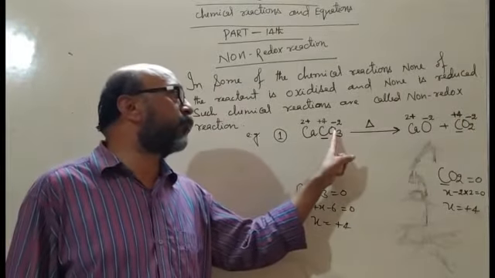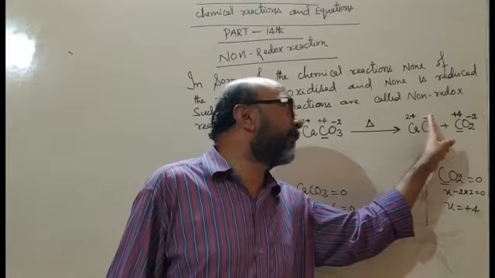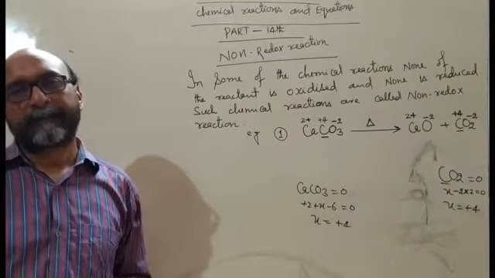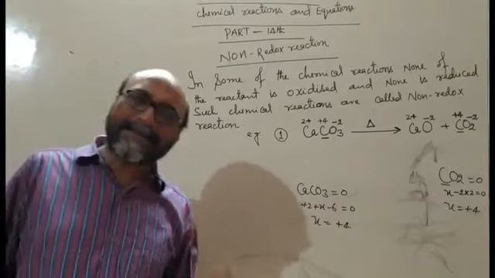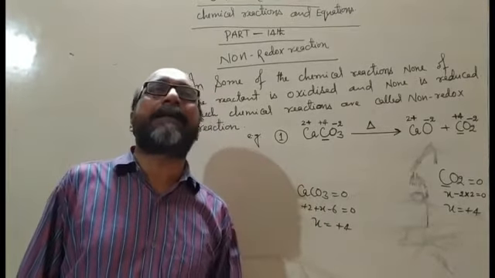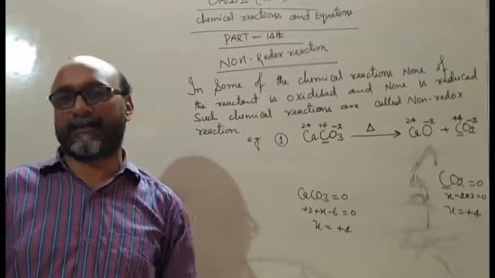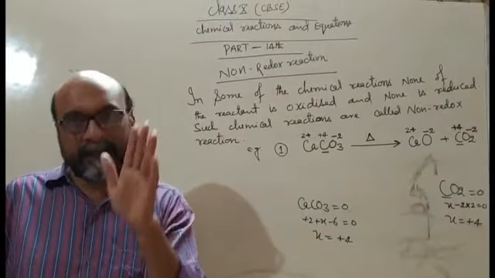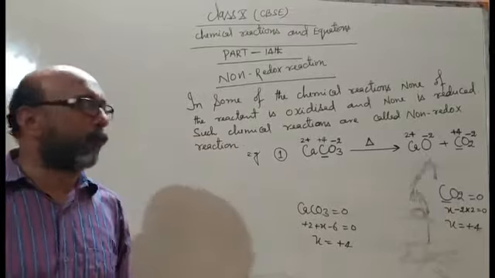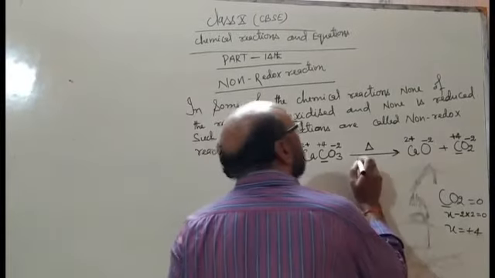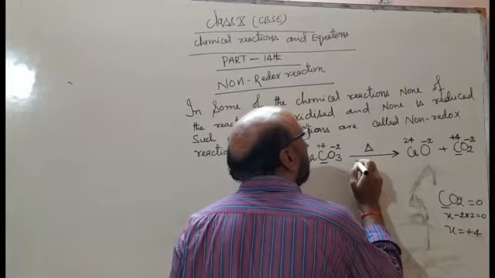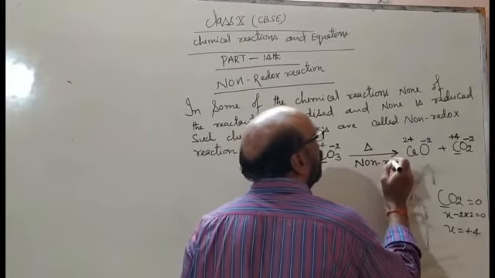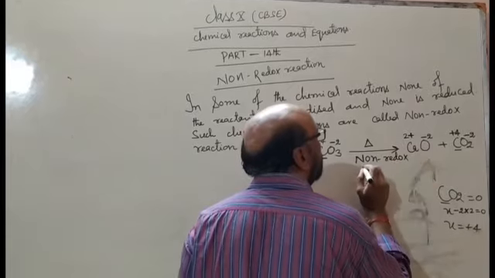Oxygen is -2 in the reactant and -2 in the product also. There is neither a decrease in oxidation state nor an increase in oxidation state. Means no change in oxidation state takes place. Therefore, this reaction is not a redox reaction. It is called a non-redox reaction.